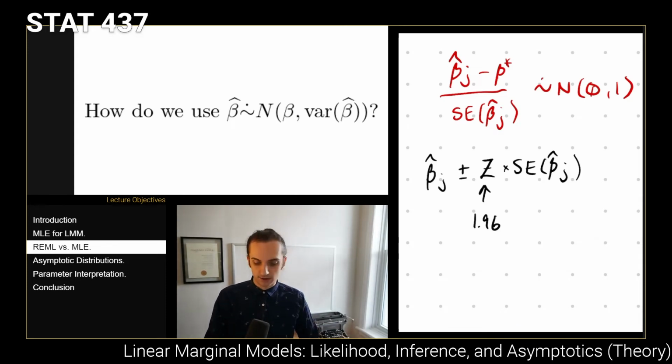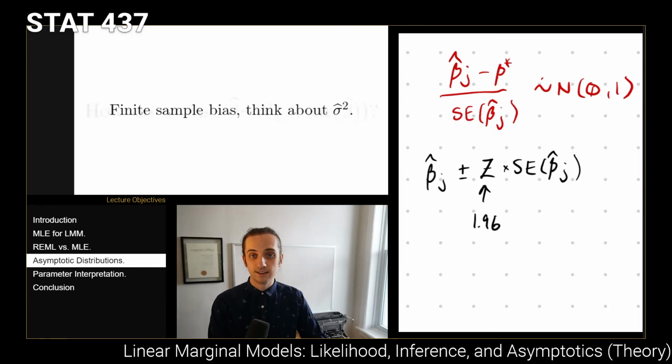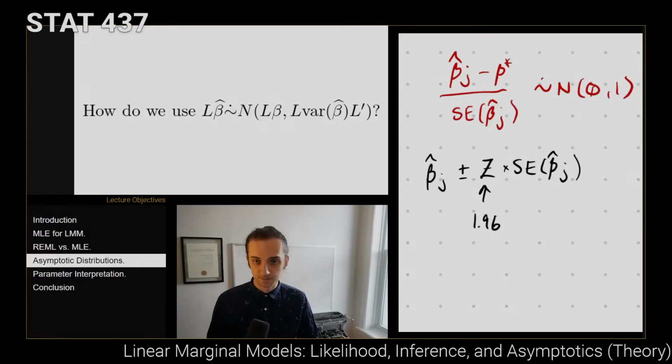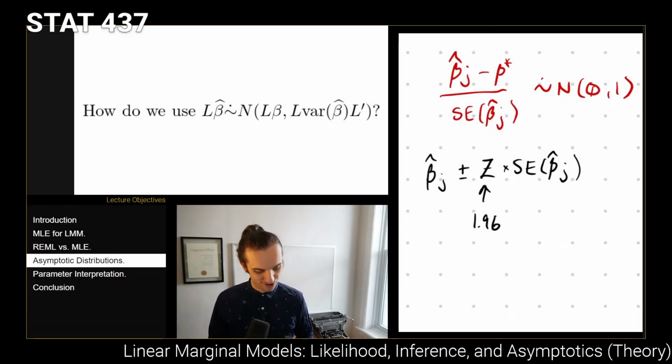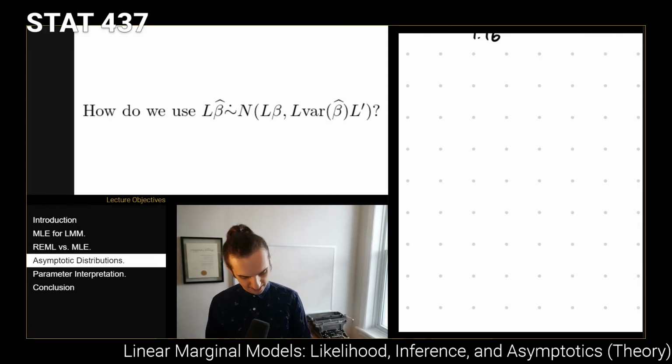The other asymptotic distribution that we saw is the asymptotic distribution of L beta hat, right? And so here, again, we did discuss this briefly in the last video, but to clarify this point, we're thinking of L as some matrix here.